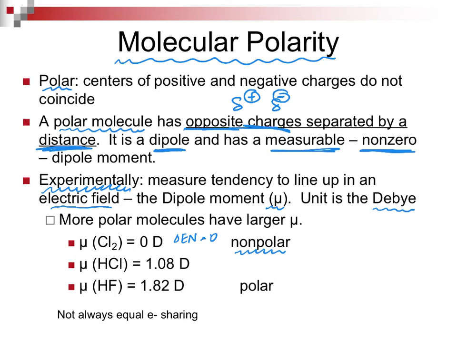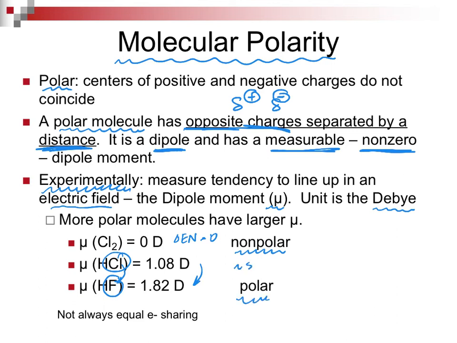When we have HCl, now we do have a dipole and it'll be somewhat polarized. If I go from chlorine to fluorine, both of those are in s2p5, but fluorine has a higher electronegativity, it has a higher dipole moment, and it gets the name polar.